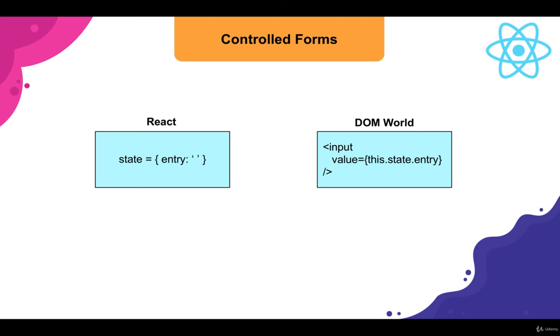So what does that mean? It means that the value of my input must be hello world. So we will not be going into the DOM and finding the current value of the input. We're always going to just make use of our React component. And that's the difference between a controlled and uncontrolled component.